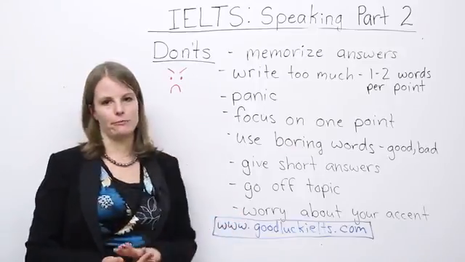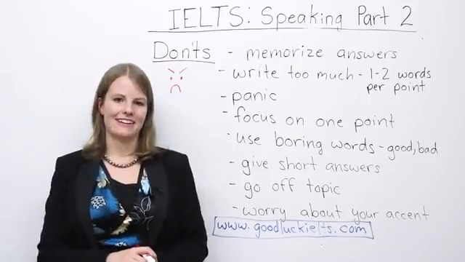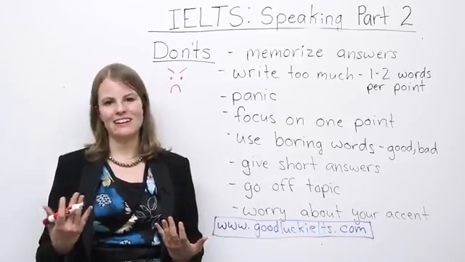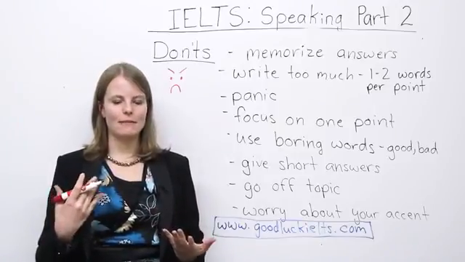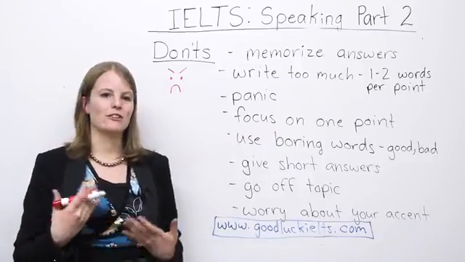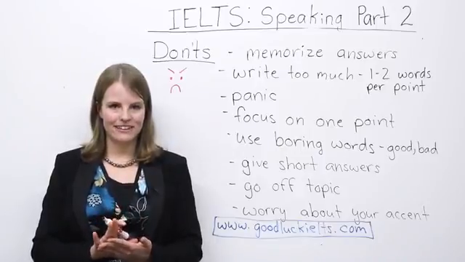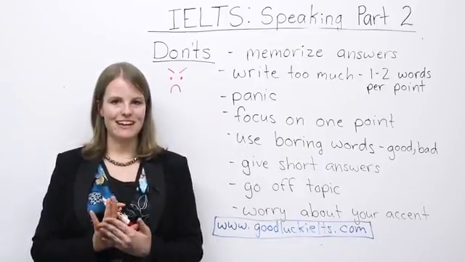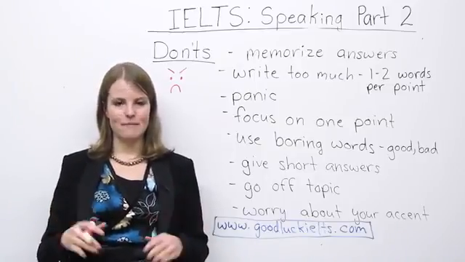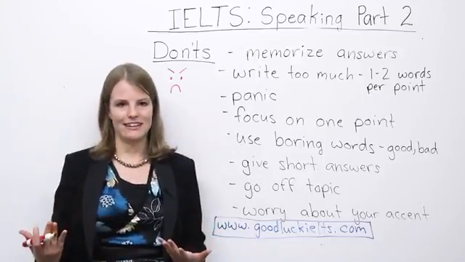This is actually a very important point. A lot of students tell me they really worry about their accents. They think, oh, I can't pronounce things very well. I might mispronounce a word. I have problems pronouncing R, for example, or certain letters, CH. It's okay if your pronunciation is not perfect. If you have an accent, it's okay. Most people have accents, so you don't have to worry about your accent.